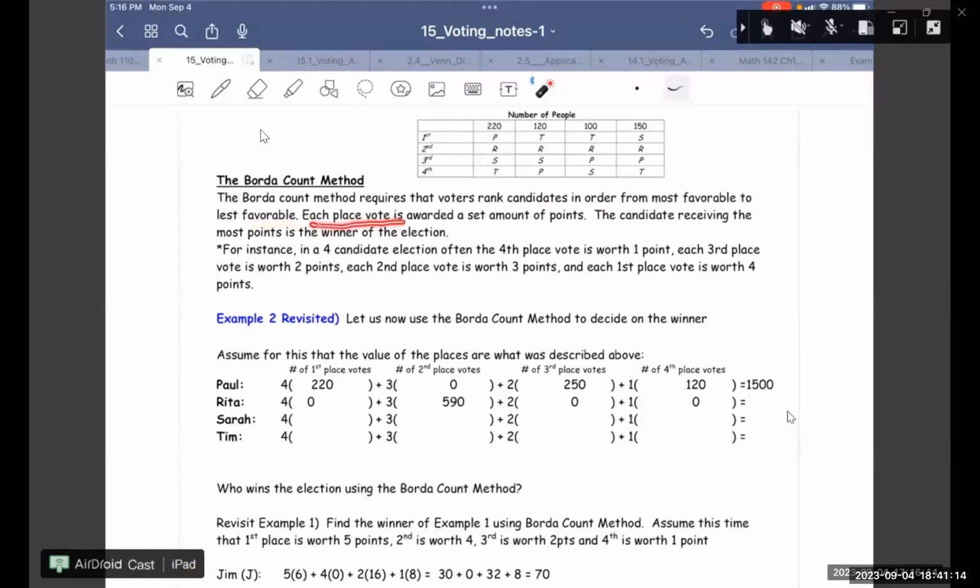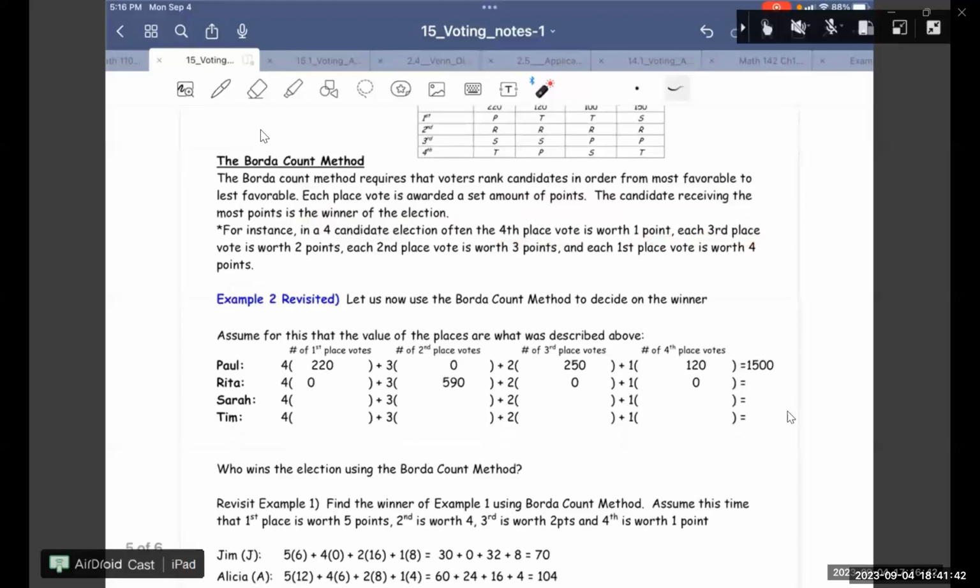Each place will award a set amount of points, and the candidate who receives the most points wins the election. For instance, if there are four candidates, the fourth place vote is 1 point, third place vote is 2 points, second place vote is 3 points, and the first place vote is 4 points.